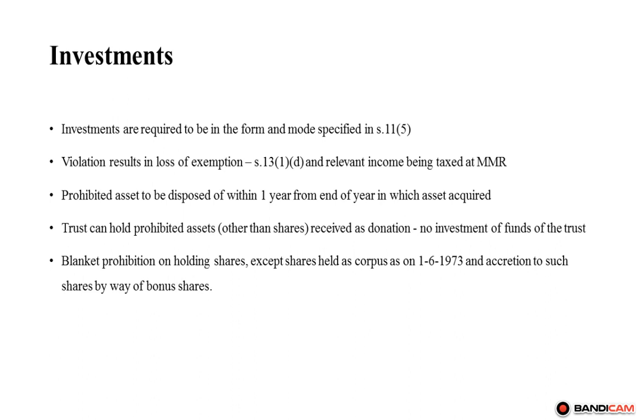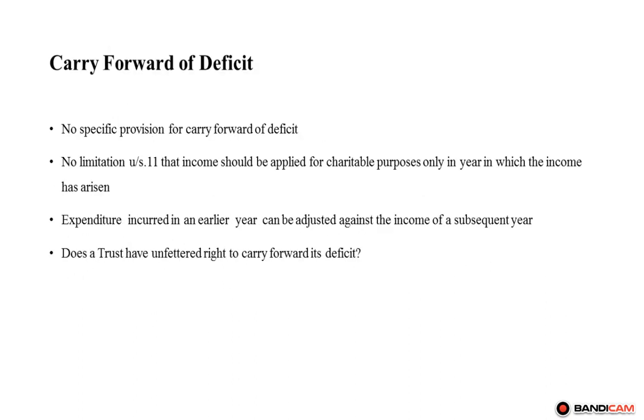Okay, then the trust can hold prohibited assets other than shares received as donation, no investment of fund of the trust. Then blanket prohibition on holding shares, except shares held as corpus as on 1st June 1973 and accretion to such shares by way of bonus shares.